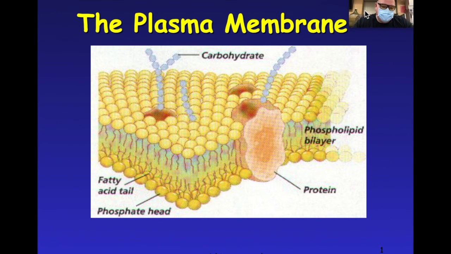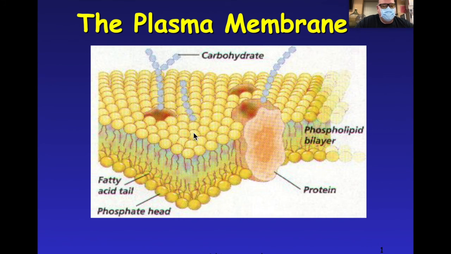I want you to imagine a little pond or a big bucket of water, and there are little plastic hollow balls floating in it. That kind of models what it would feel like.